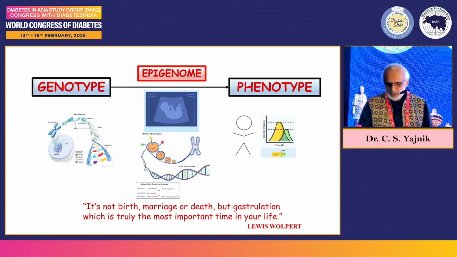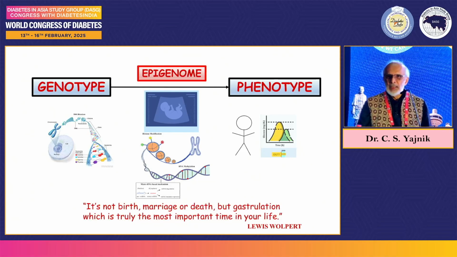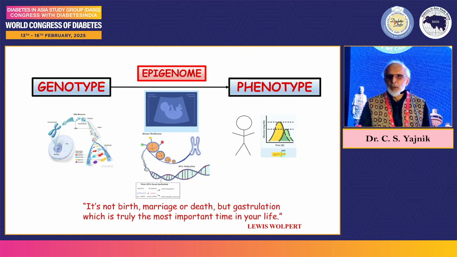A British embryologist in the 1940s said there was a major step between the genotype and the phenotype. He actually said there is something called epigenotype, which in a way determines what the phenotype is.